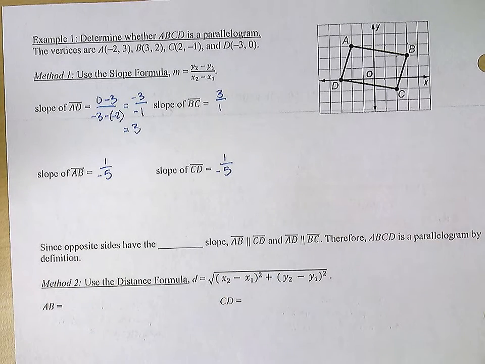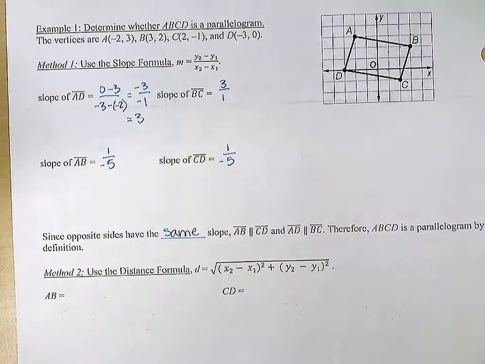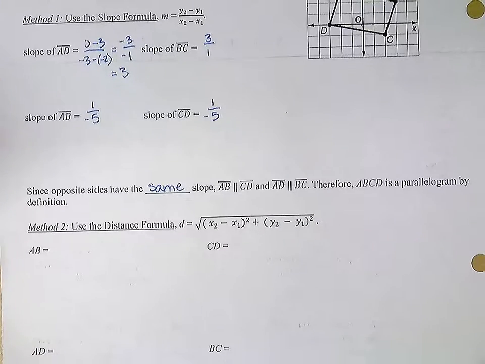So since your opposite sides have the same slope, I can say AB is parallel to CD and AD is parallel to BC. Therefore, ABCD is a parallelogram because I do have both pairs of opposite sides parallel. Okay, that was the first one on your property table thing in the front.